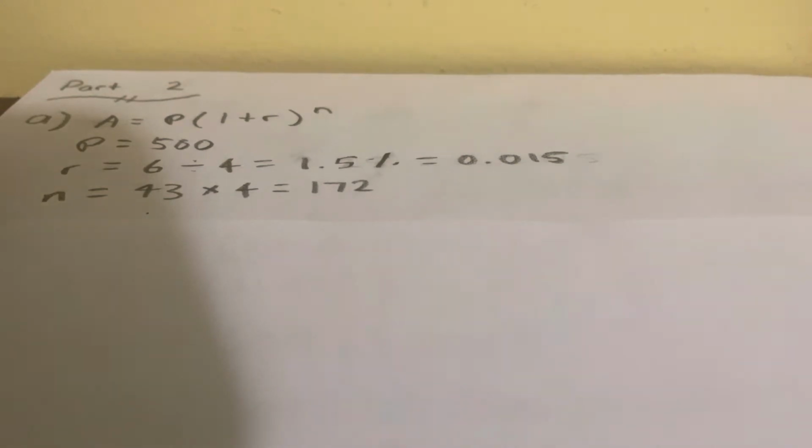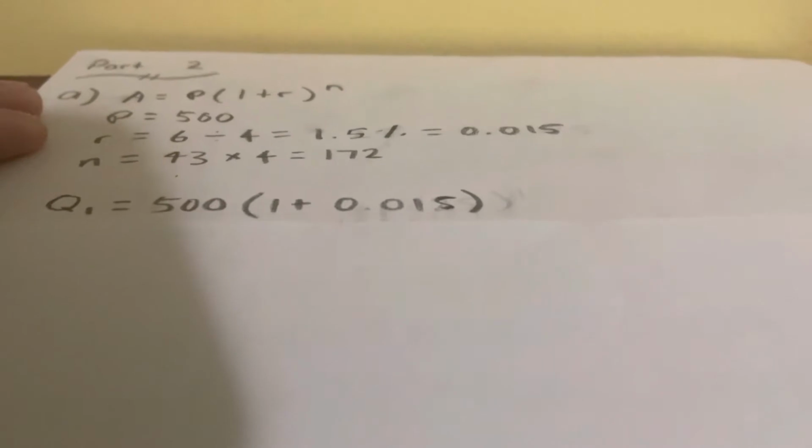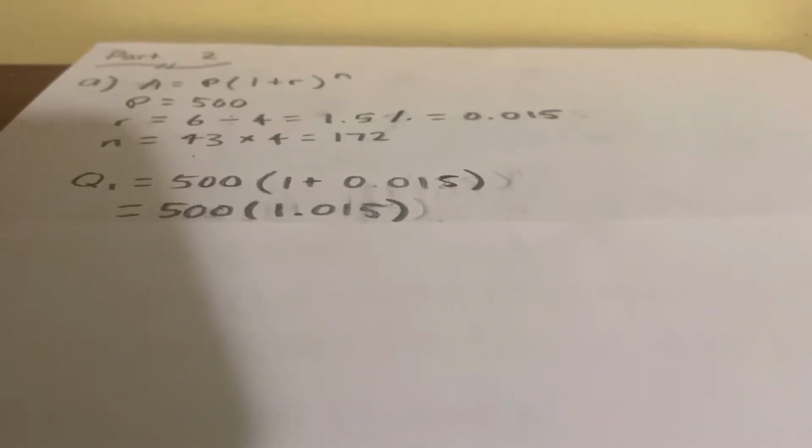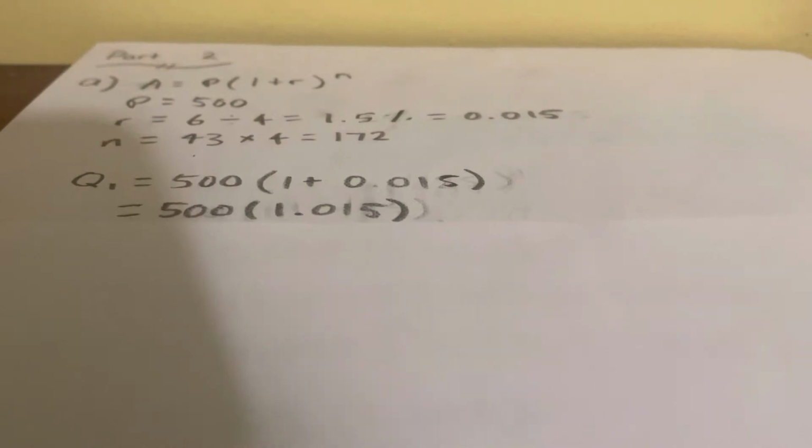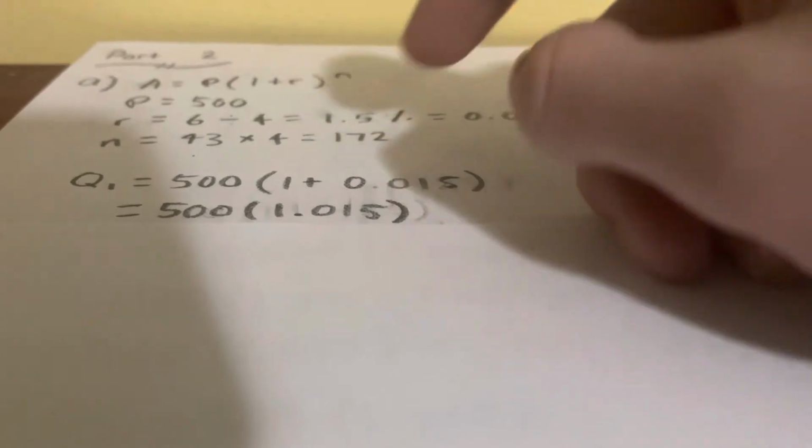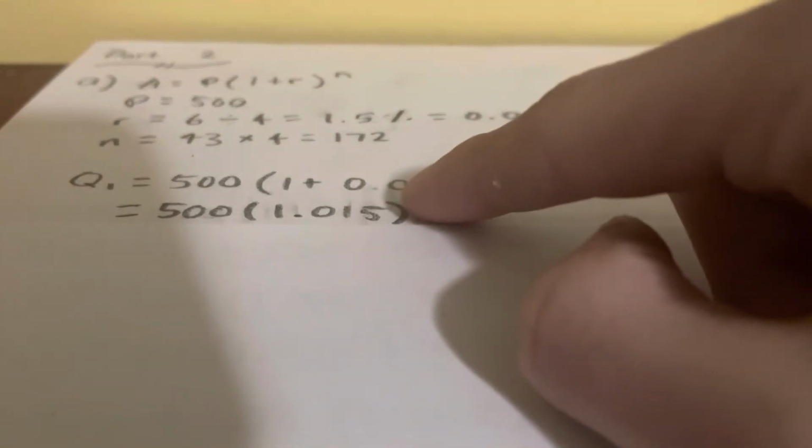Now, our first period, quarter 1. We're going to substitute our values into the equation. So we have our Q1, which is our A, what we're trying to find out, P, which is our 500, and then in the brackets 1 plus our R, which is our interest rate, close bracket.